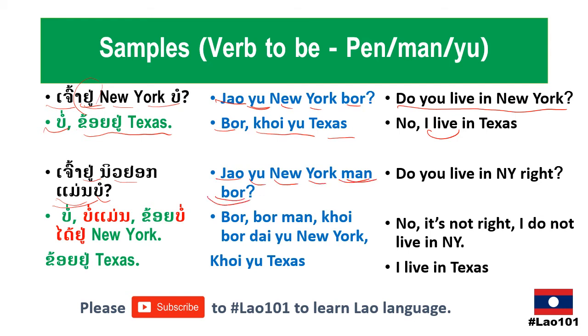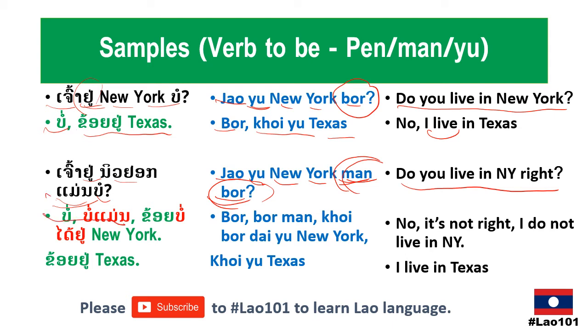See, in this one, เจ้าอยู่นิวยอร์กบ่ and แม่นบ่ are two different things. เจ้าอยู่นิวยอร์กบ่ I think is more like a general question, but with แม่นบ่ it needs affirmation, more stress on: is it right, you live in New York, right? Do you live in New York, right?